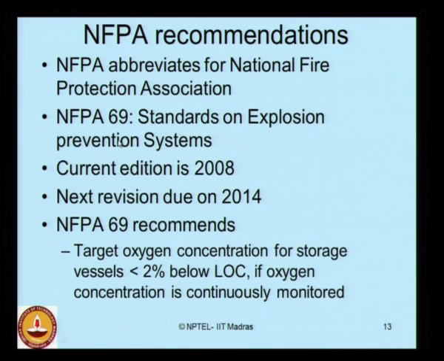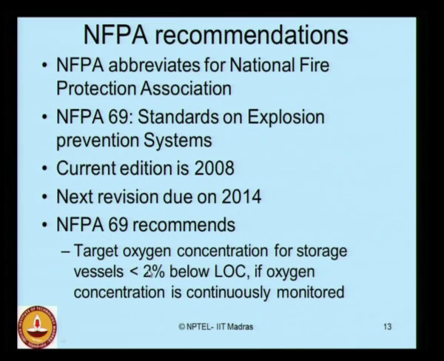NFPA 69 recommends a target oxygen concentration for storage vessels. If you are using any container for storing an explosive chemical, then the target oxygen concentration for the storage vessel should be less than 2% below the limiting oxygen concentration for that fuel.